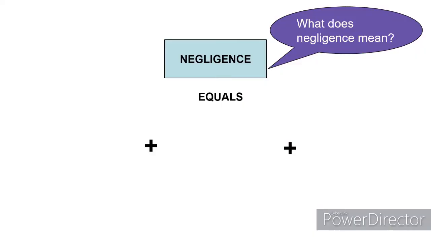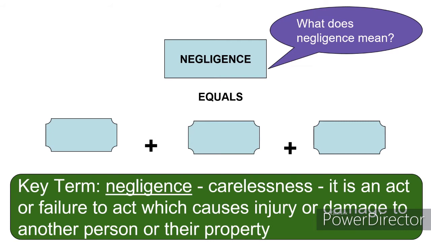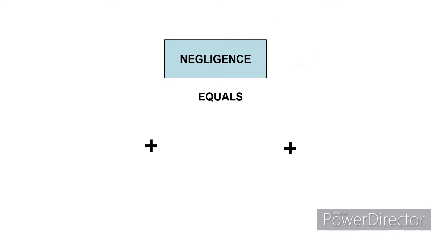So first of all, let's look at negligence and what it means. It means carelessness, a failure to act or to do something that causes an injury or a damage to a person or their property. And in order to establish negligence in civil law, you need to establish 1, that there was a duty of care owed between the defendant and the claimant.